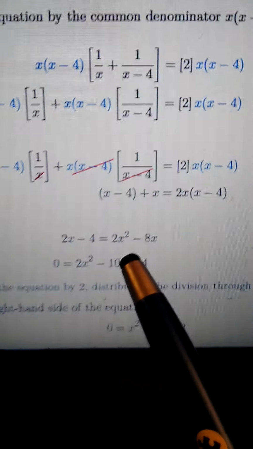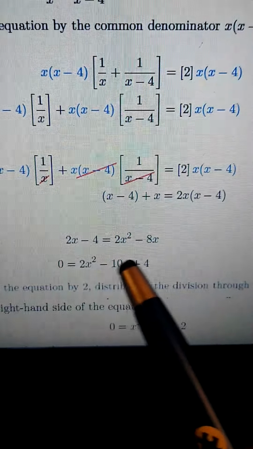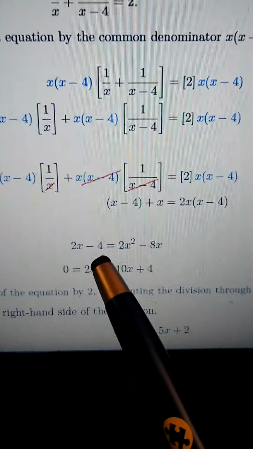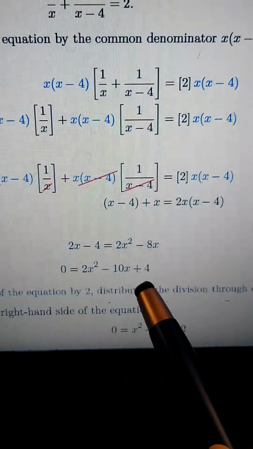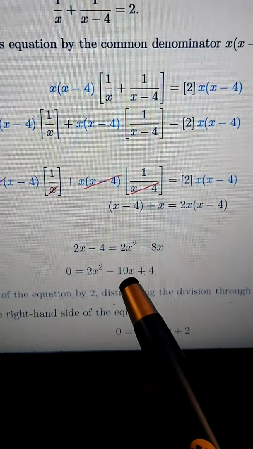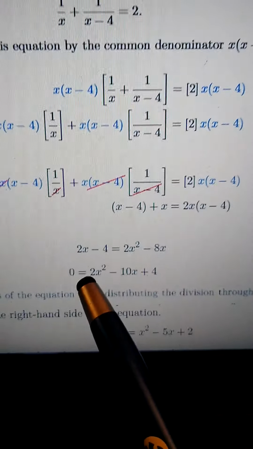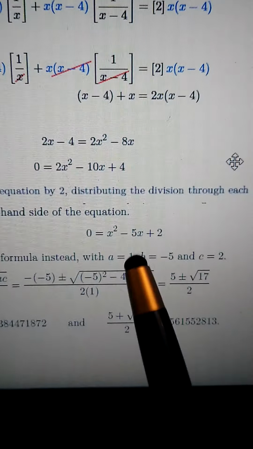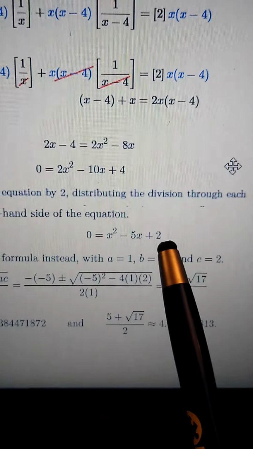And okay, it's quadratic. We've got to get it equal to 0. I'm going to subtract 2x over. Negative 8 minus 2 is negative 10. And I'm going to add the 4 over, which gives me plus 4. Now this clearly has a GCF of 2, so I'm just going to divide everything by 2, which gives me x squared minus 5x plus 2.